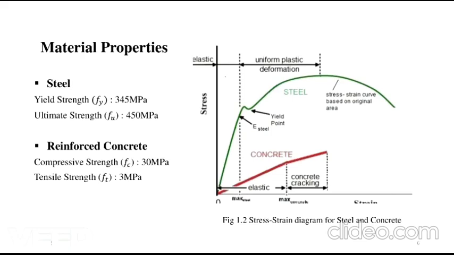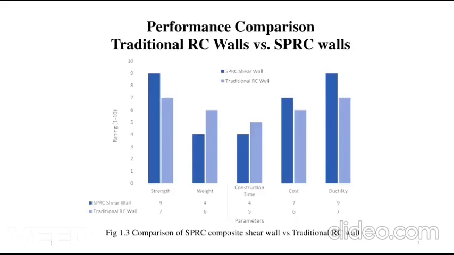Let's move to the comparison part of traditional RC walls and SPRC composite shear walls. With the help of this graph data, you can easily compare SPRC composite shear wall and traditional reinforced concrete walls. The graph shows that in SPRC composite shear walls, the strength and ductility are increasing, outperforming traditional reinforced concrete wall.